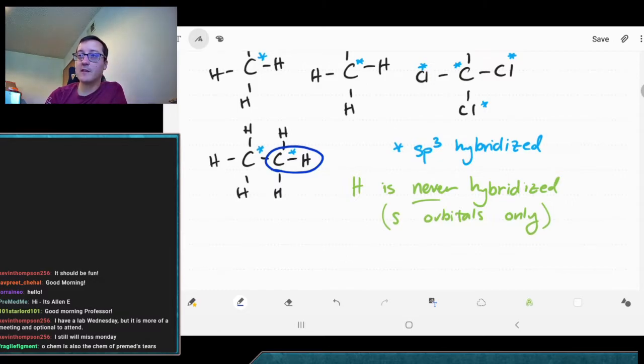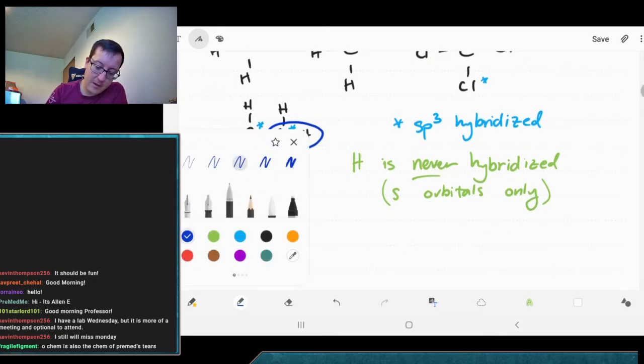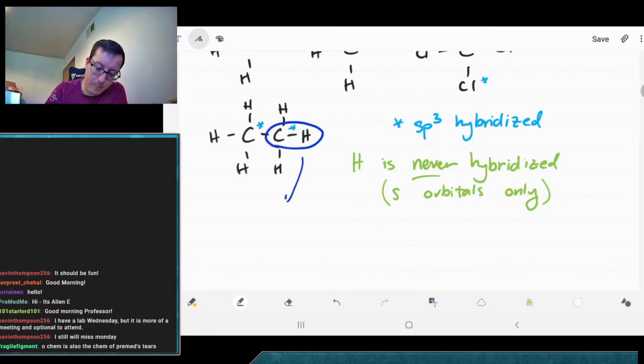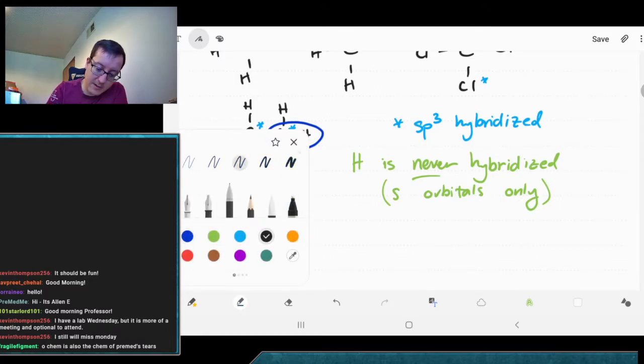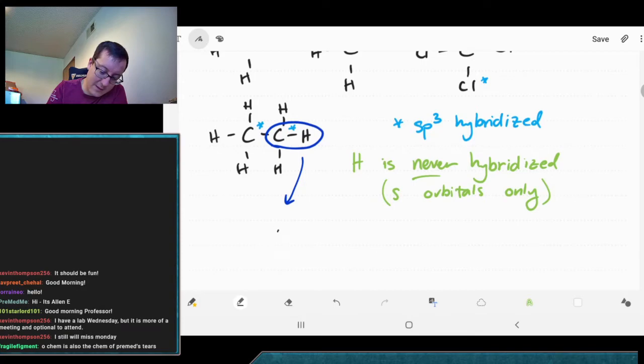If I were to look at this bond here, we know that that carbon is sp3 hybridized. Again, how we tell is because there are no double bonds on it. Single bonds only means sp3. So, given that that carbon is sp3 hybridized, we're going to have an sp3 orbital.